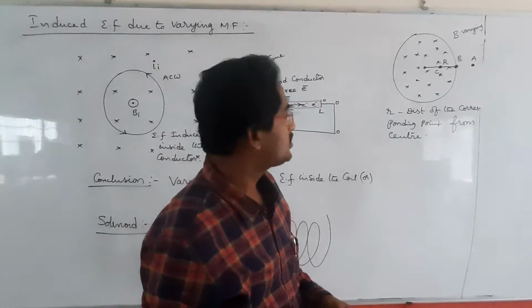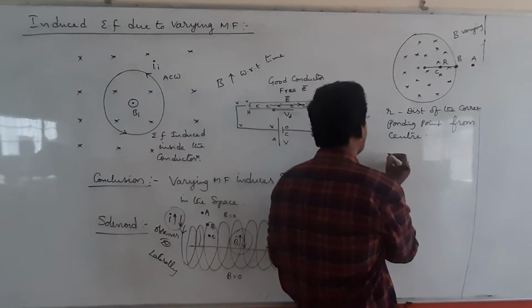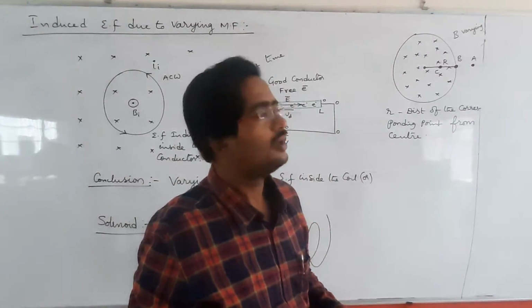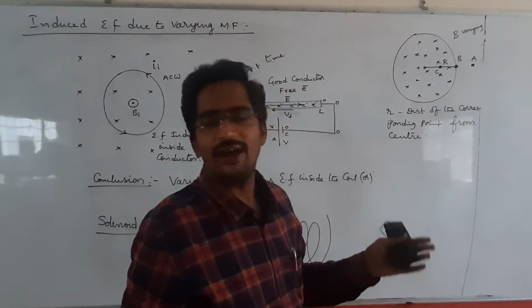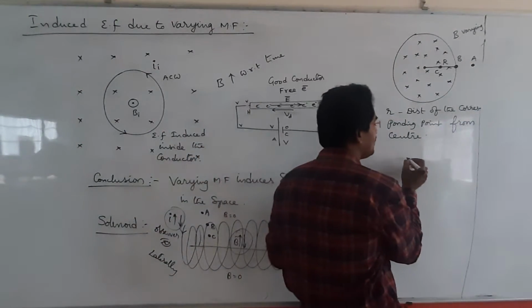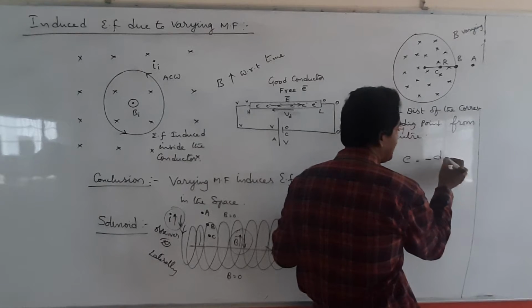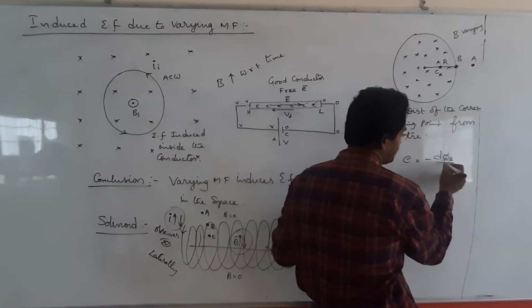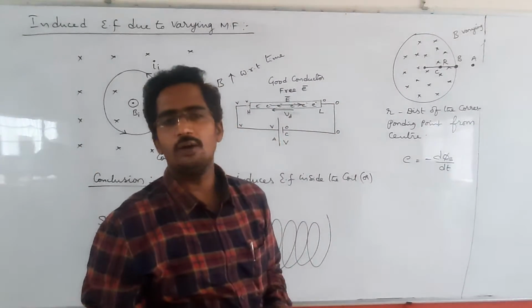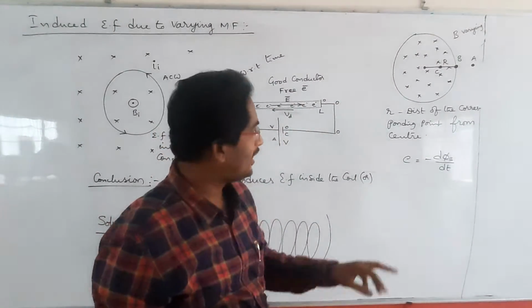First, before deriving that induced electric field, I want to write down Faraday's second law. What is Faraday's second law? E equals minus d phi B by dt. What is E here?